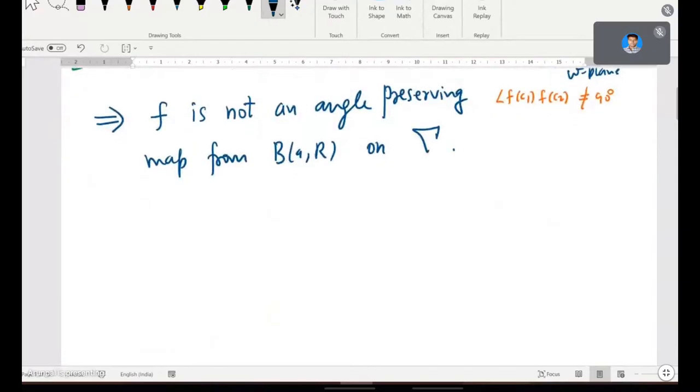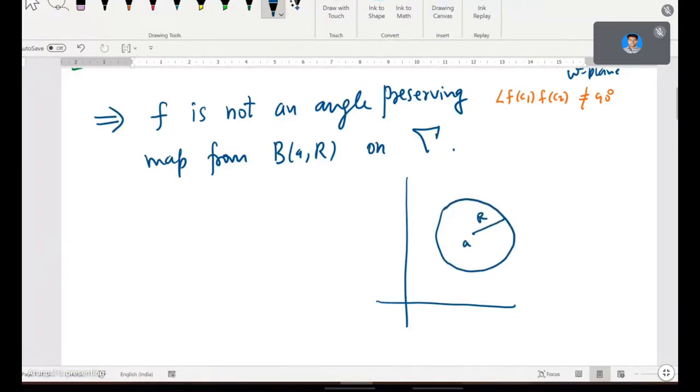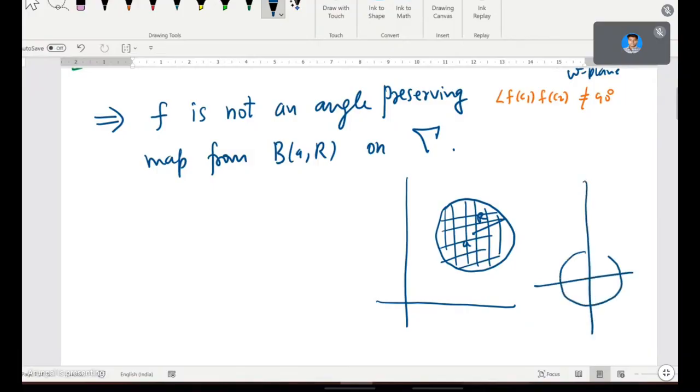Class, what is happening? Once again, I am making this picture. We have seen that this complete ball, B-bar, is being mapped onto this circle in the W plane.